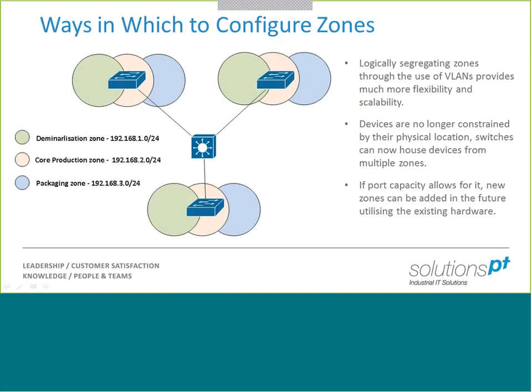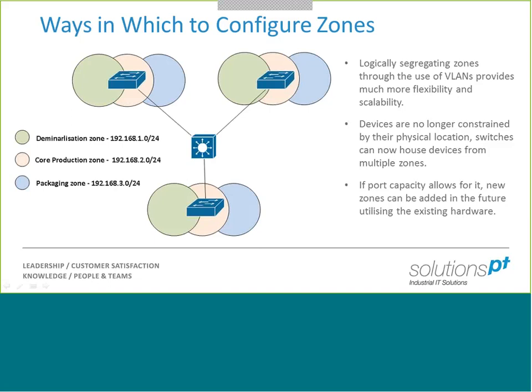So no longer are the devices constrained by the physical location. We can put them absolutely anywhere within the network we want, which obviously makes life a lot easier, a lot more convenient for us as we start scaling the network up. Much like if we wanted to add additional zones, providing that we have the port capacity for it, we don't have to start buying new hardware, we don't have to start running additional links to our layer 3 infrastructure.